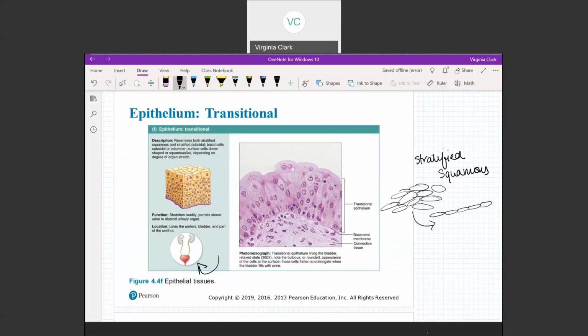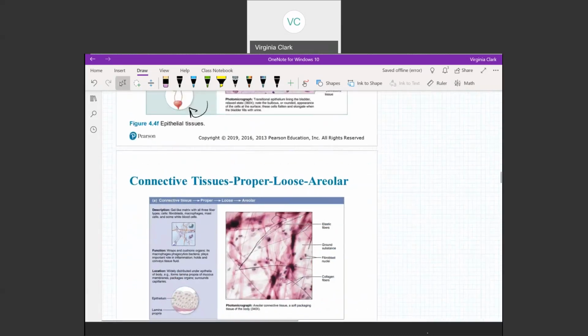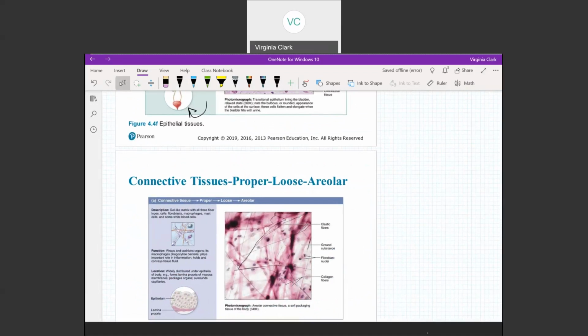These are going to be found specifically in your bladder. So they are going to look and be very similar to a stratified squamous, but they have the ability for all these pancake scale-like cells to slide over each other and stretch out. You need to have that ability for your bladder when it fills up. So that is transitional. So that's the epithelial tissue we're going to look at today.